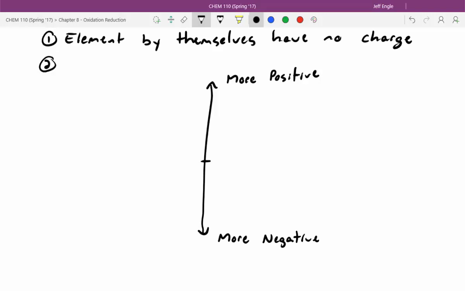And then in the middle we'll have our neutral atoms, meaning they're uncharged. Oxidation occurs when you're going from something that's more negative to more positive or neutral to more positive. So oxidation is moving in that upward direction, where reduction is really moving in this downward direction.